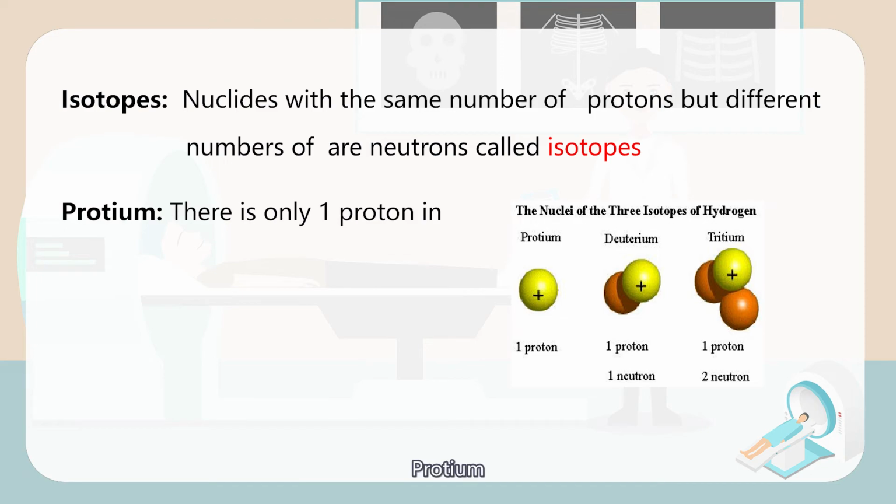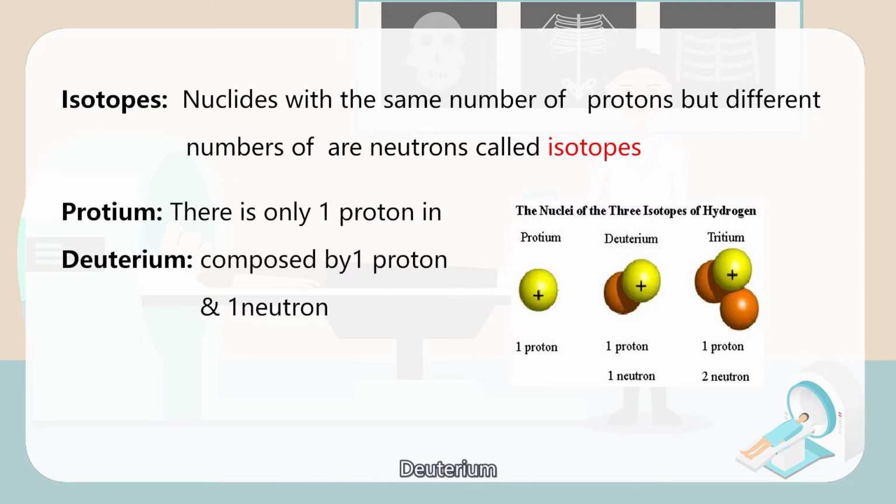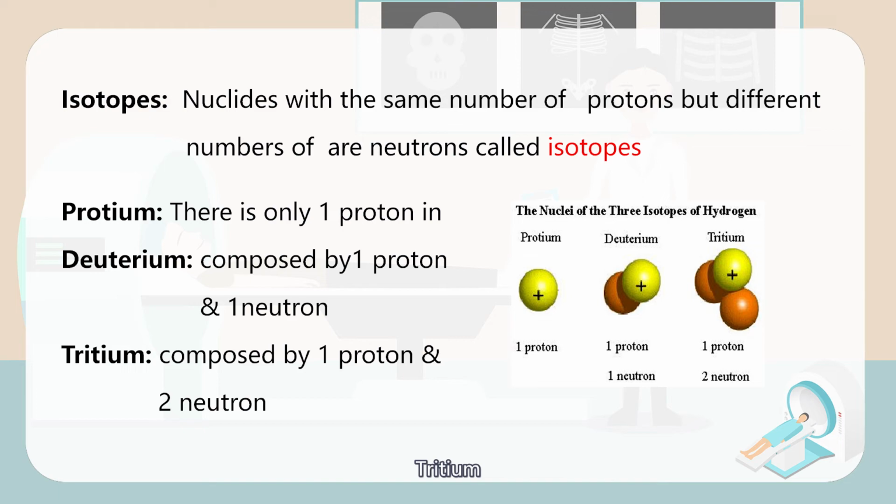The first one is protium. There is only 1 proton in protium. As for deuterium, it is composed of one proton and one neutron. And the last one, tritium, is composed of one proton and two neutrons.